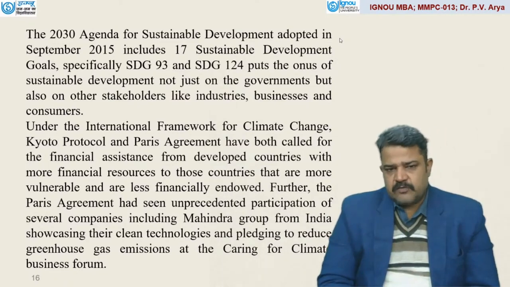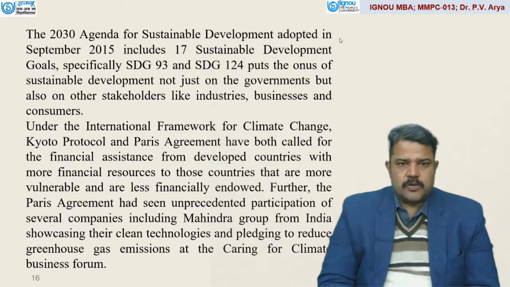Under the International Framework for Climate Change, the Kyoto Protocol and the Paris Agreement have both called for financial assistance from developed countries with more financial resources to those countries that are more vulnerable and less financially endowed.